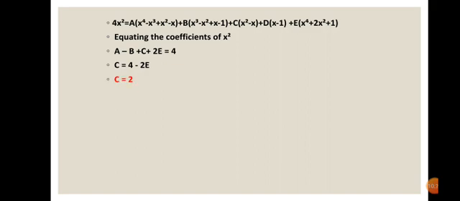Last but not the least, we are going to equate the coefficients of x. By equating the coefficients of x, we will get minus a from the first term plus b from the second term and minus c from the third term and plus d from the fourth term.